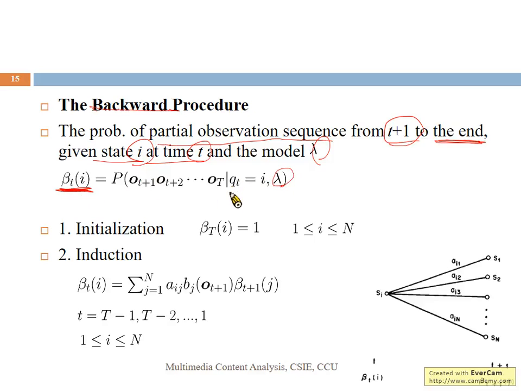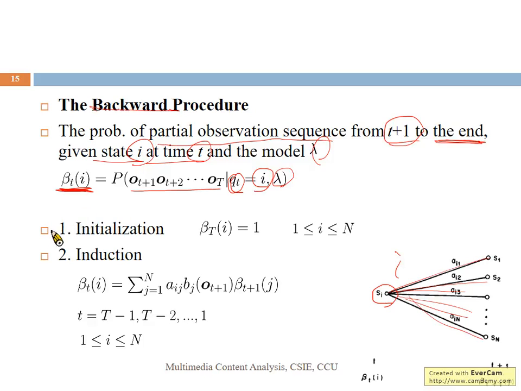Given the model, and at time instance t, we are at state i. So given these two conditions, we want to calculate the probability of o t plus 1, o t plus 2, to o capital T. That means this is the probability that we start from state i, and then we jump through all the other states to the end.